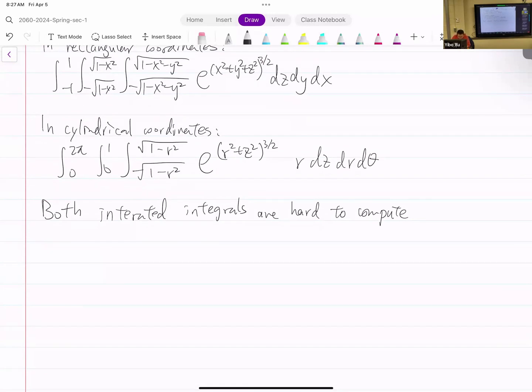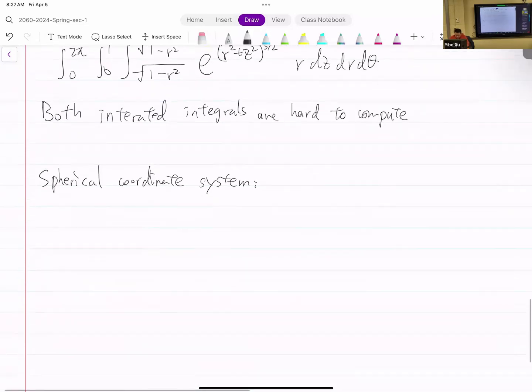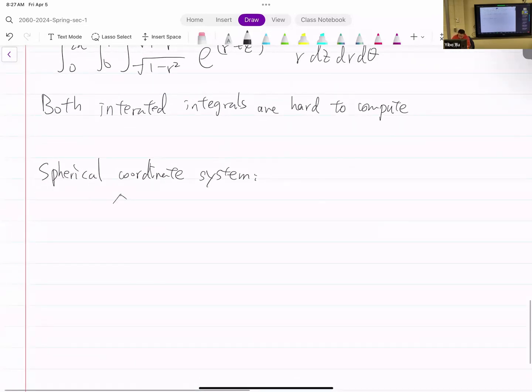And here comes that coordinate description: the spherical coordinate system. Keep in mind, we just want one distance, but we introduce one more angle.